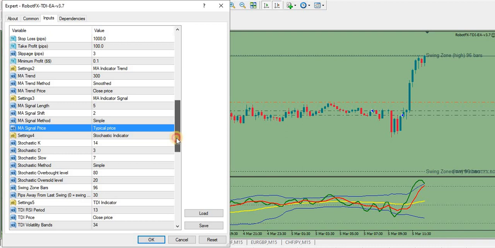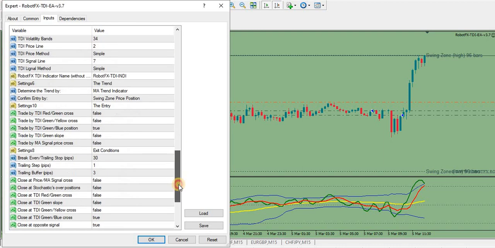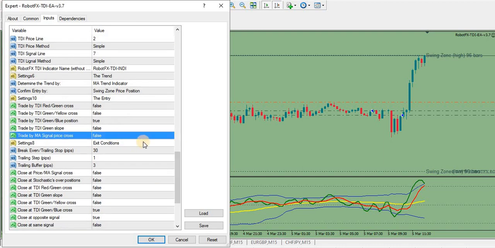This is not related to the TDI expert advisor itself. It's just an extra option that you can or cannot use. The expert advisor can be allowed to open a buy if the price rises above the moving average signal, or a sell if it falls under the moving average signal.